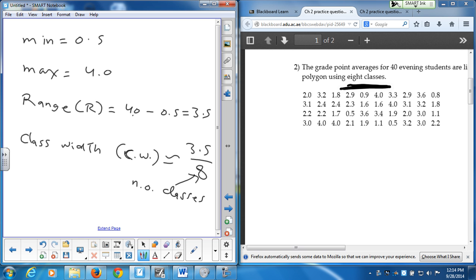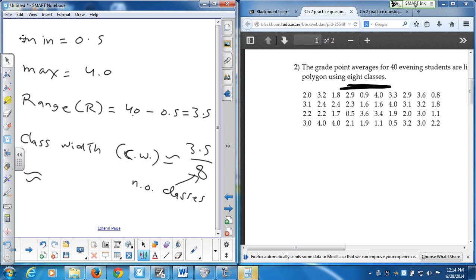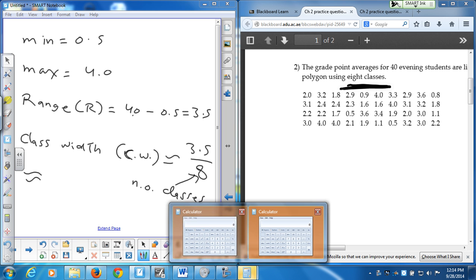So this gives me how much? This is approximately equal to 3.5 divided by 8, how much? We need a calculator for this. So, 0.4375. The calculator is here.